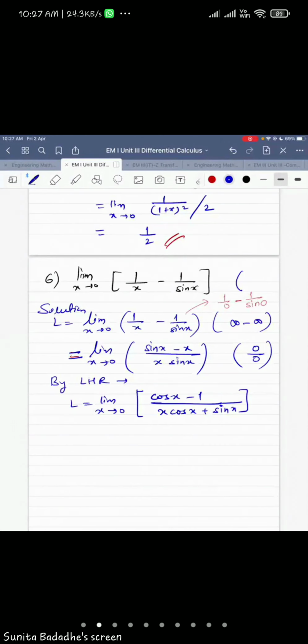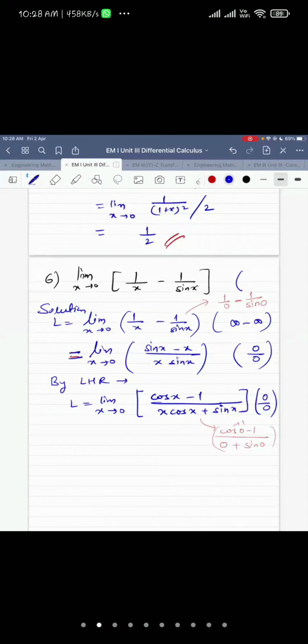Okay. So now this is coming in the form 0 by 0. Why is this 0 by 0? Because here I have cos 0 minus 1 upon 0 plus sin 0. But cos 0 is also 1. So I'm getting the required form.